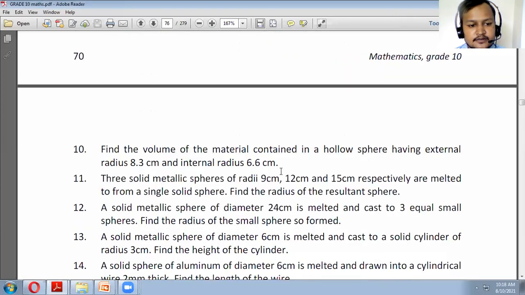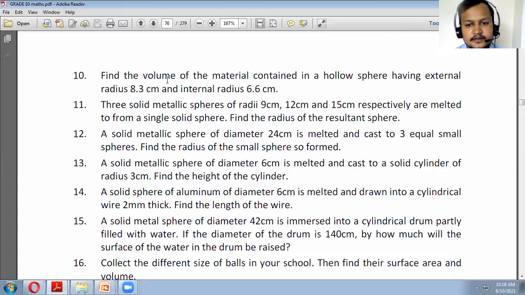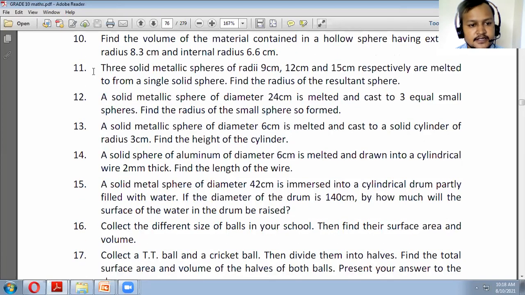Similarly, look at question number 10. We did this question already. Did 11. 3 solid metallic spheres of radii 9 cm, 12 cm, and 15 cm respectively are melted to form a single solid sphere. Find the radius of the resultant sphere.